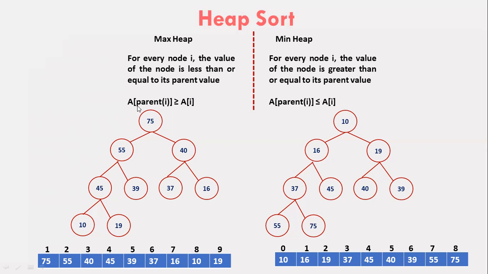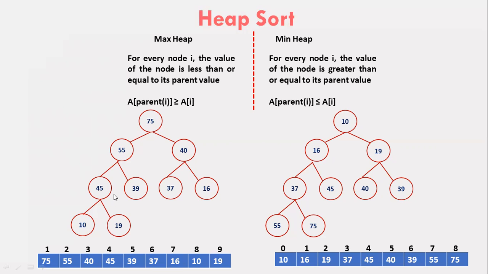See here, the descendant value of 75 is 55, so 75 is greater than 55. The descendant values of 55 are 45 and 39, so 45 and 39 are less than 55. Understood? So every node has a value greater than or equal to its descendant values.